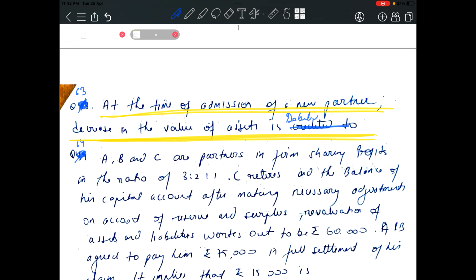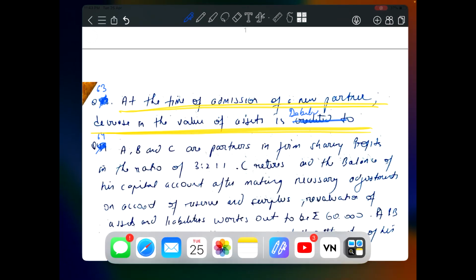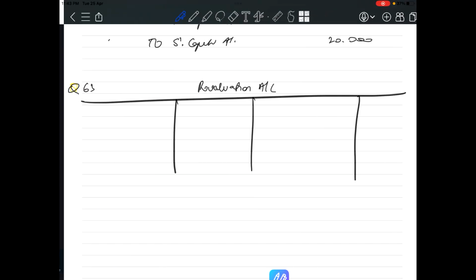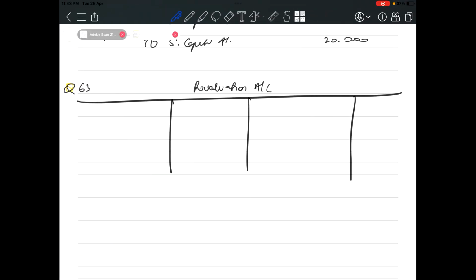Decrease in the value, right? If there is a decrease in value of assets, it will be debited. The debit side is for all expenses or losses, and the credit side is for all income and gain. We know that revaluation account is a nominal account.